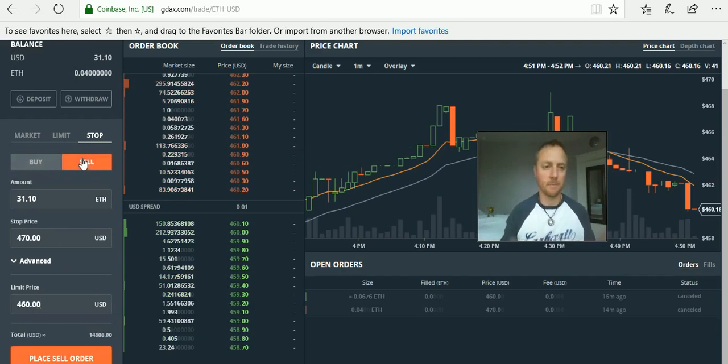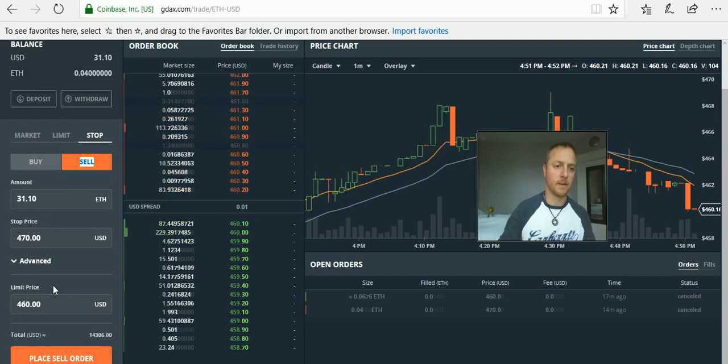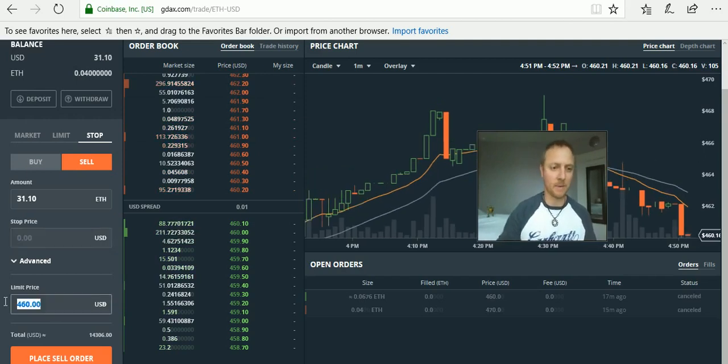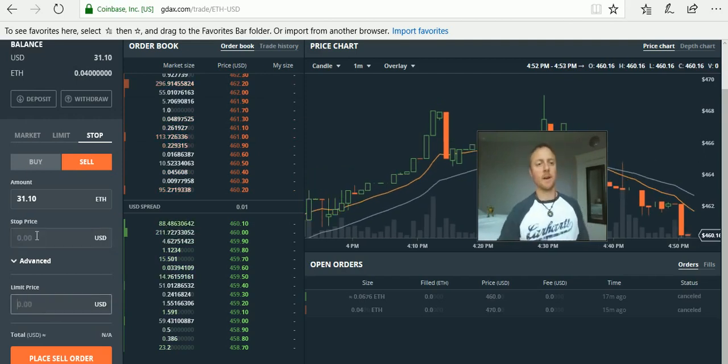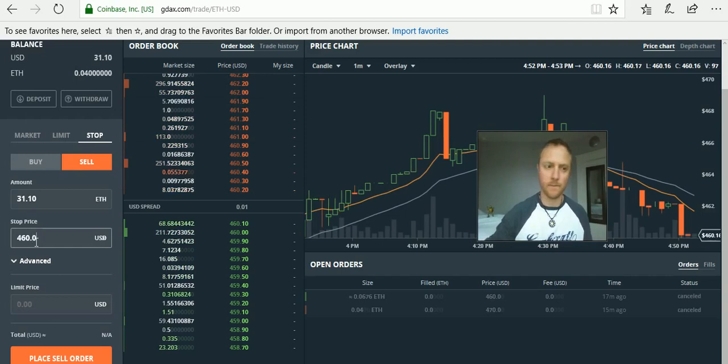Now it's the same with selling. If you're wanting to sell, you have a limit price, but remember it's going to be different. I can't remember exactly what prices we did. Let's see. If I'm selling, I want to sell it at $4.60, right?